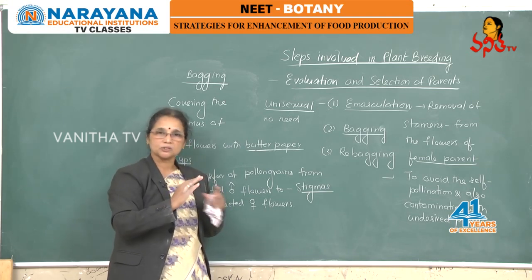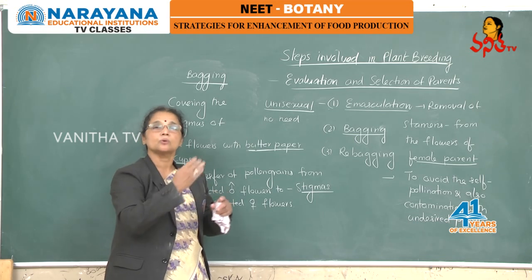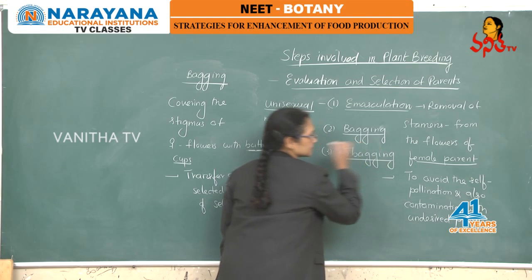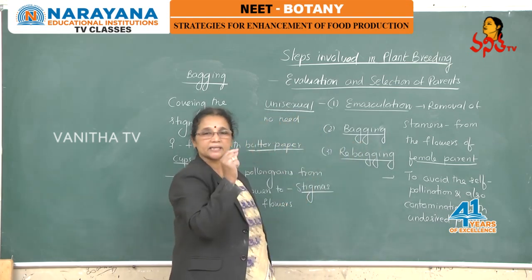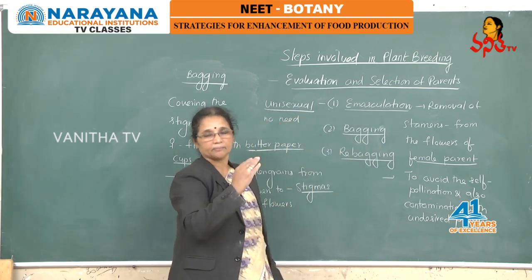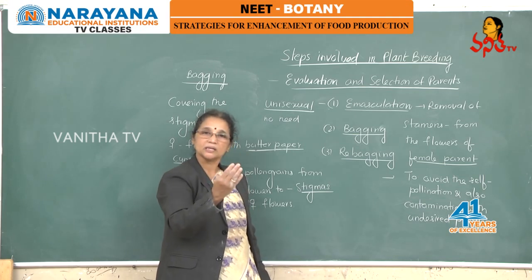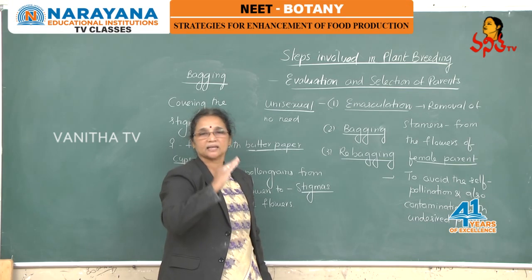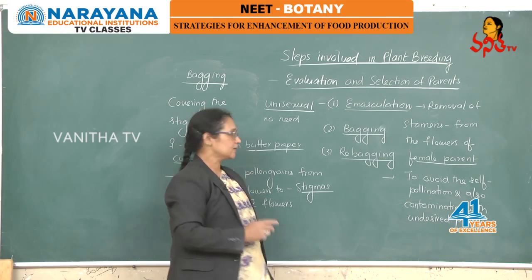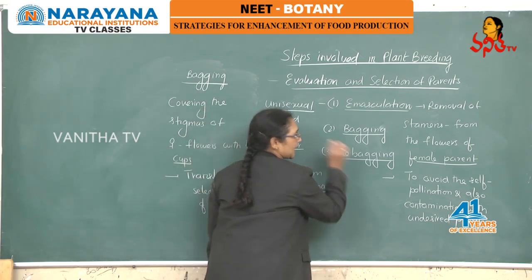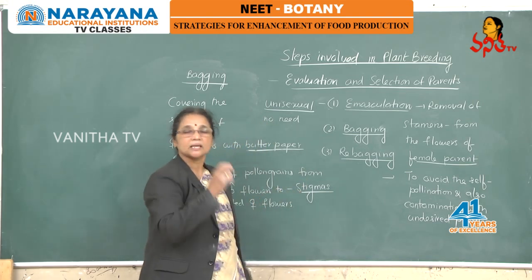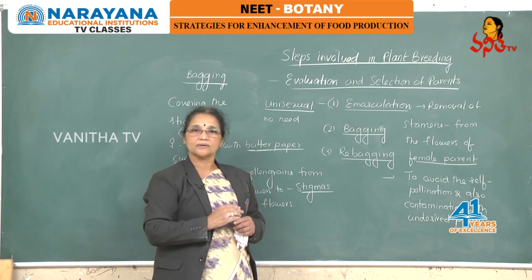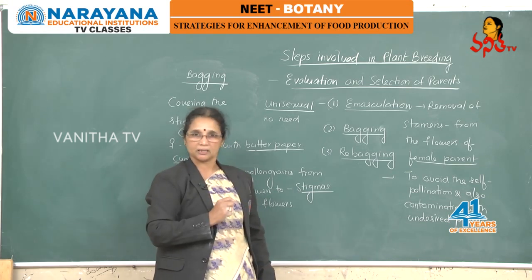So once this process is completed, then we have to go for the next step, which is called rebagging. Rebagging is done after the crossing, that is, after the transfer of pollen grains from the male flowers to the female flowers. Rebagging means again we have to cover the stigmas of female flowers with the same butter paper cups.